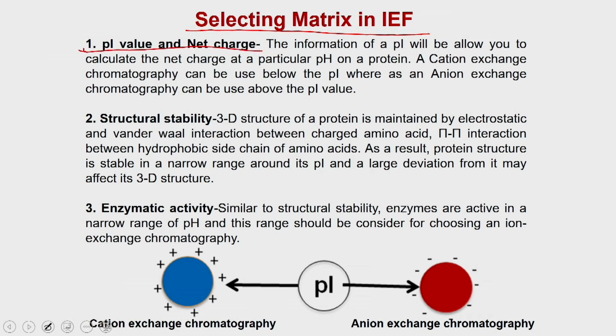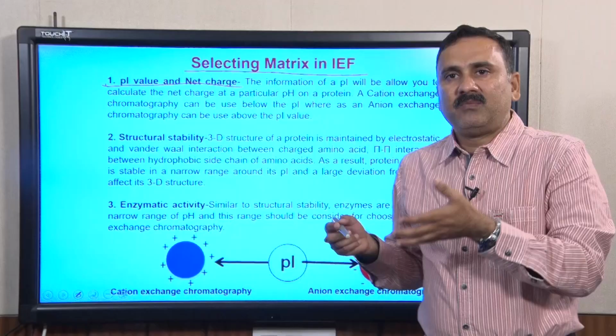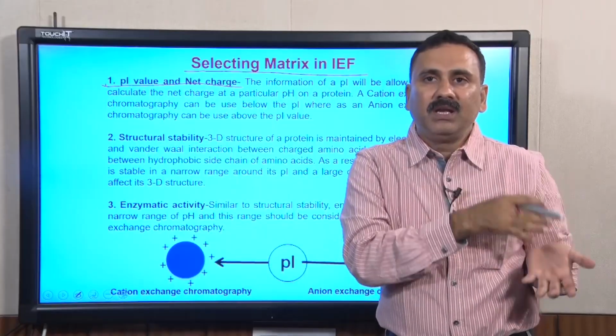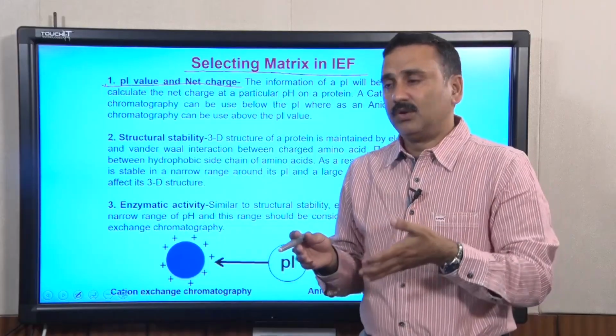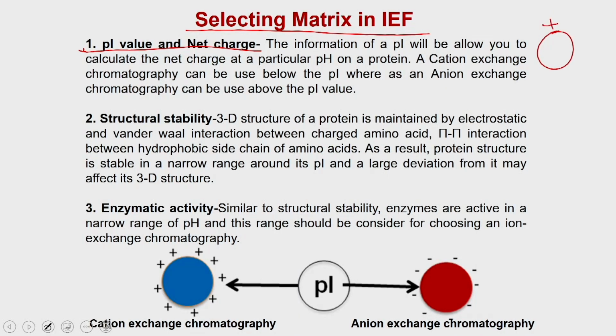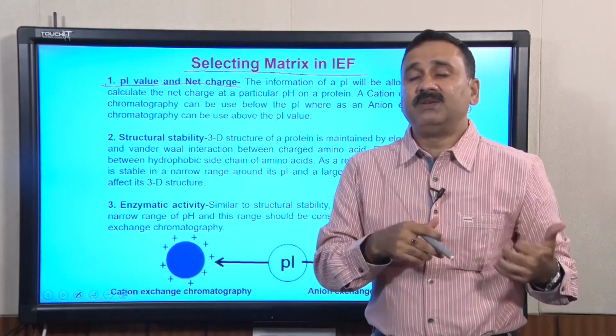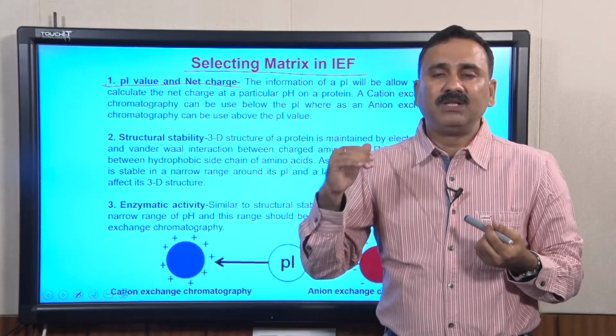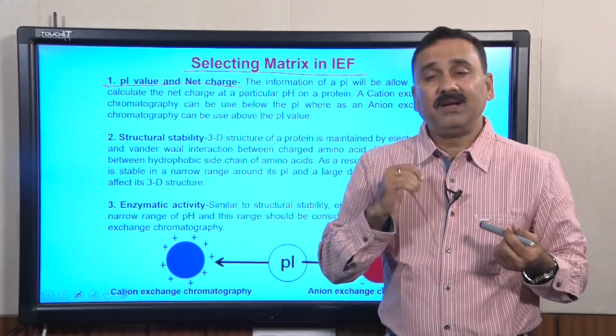You know that every protein has different types of amino acids, and these amino acids collectively provide the negative or the positive charges. So, the protein has positive charges as well as negative charges, but if you titrate these proteins at different pH, these negative or positive charges are going to be neutralized by the ions present in the buffers at different pH.